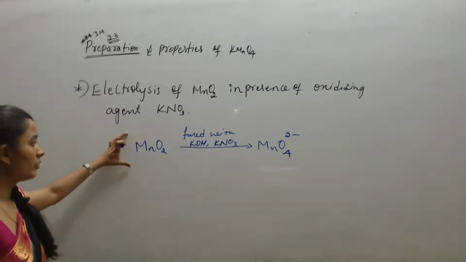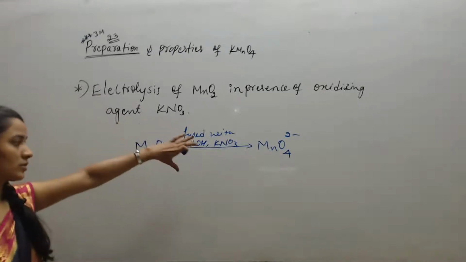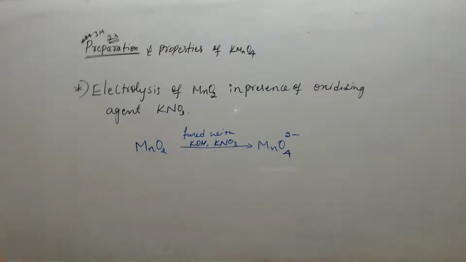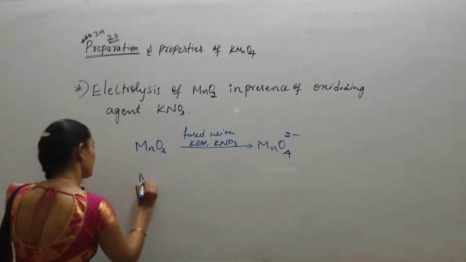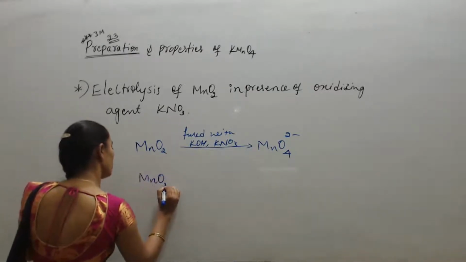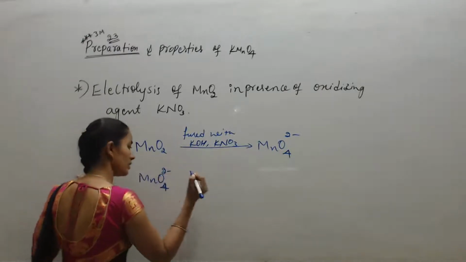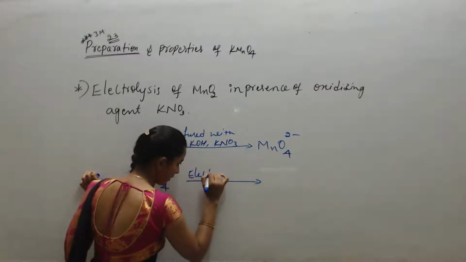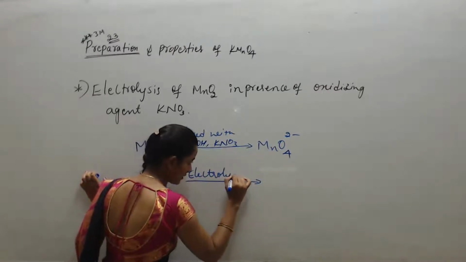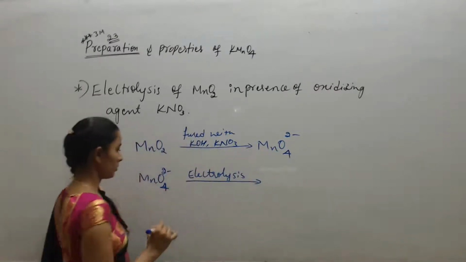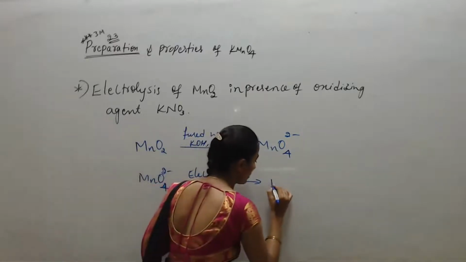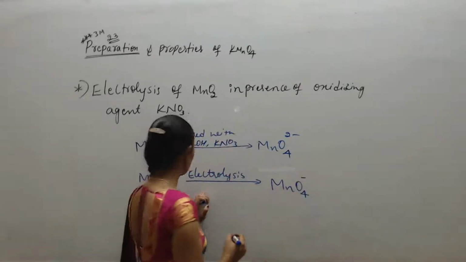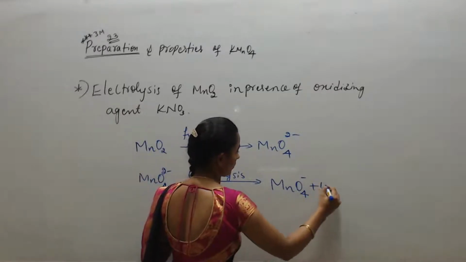As I explained before, MnO2 changes to MnO4 2 minus. In the second step, this MnO4 2 minus undergoes electrolysis and gives MnO4 minus plus an electron.